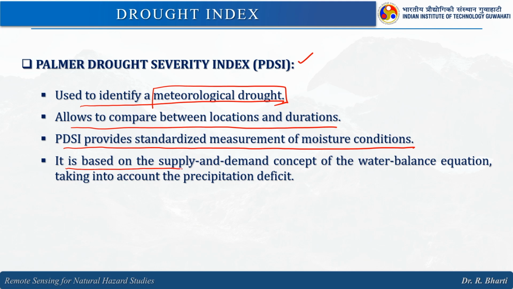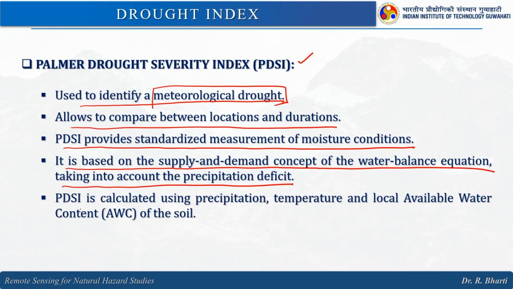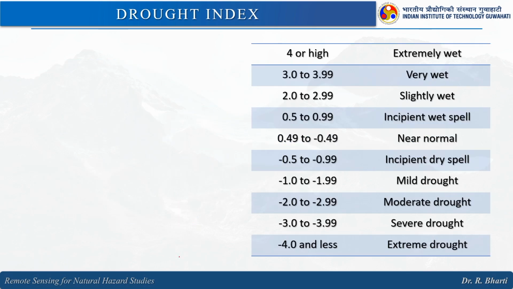It is based on the supply and demand concept and the water balance equation, taking into account the precipitation deficit, right. PDSI is calculated using precipitation, temperature and the local available water content (AWC) of the soil, and the values range between +4 and -4 or less.